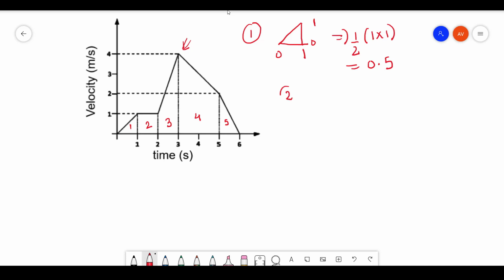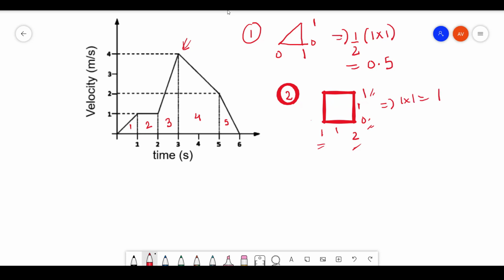Now let's go to the second part, which is also very simple. You have a rectangle, but here it is actually a square, because the dimensions are consistent, 0 to 1. So each side is 1, 1 into 1, so that is again 1.